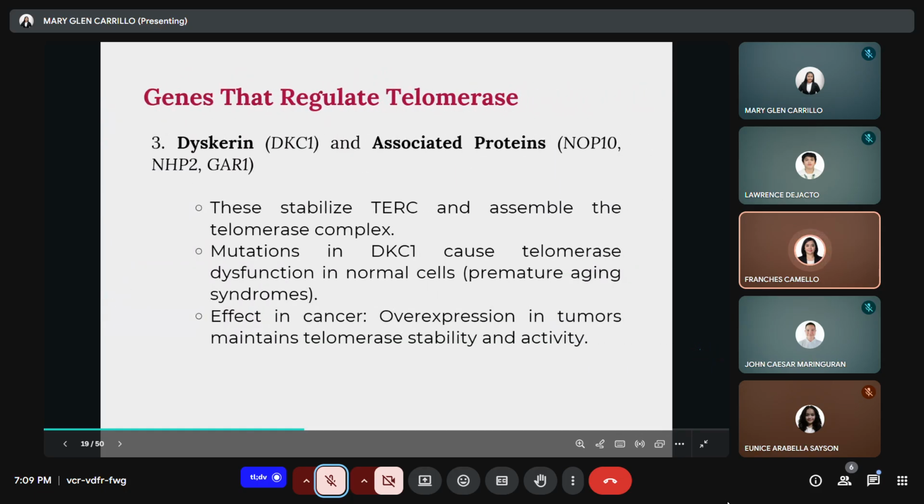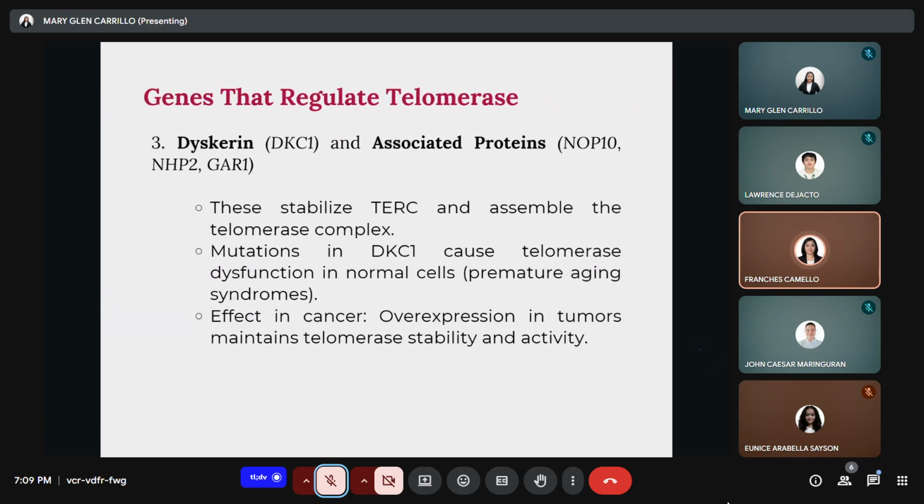For the third one, these are the regulators. We have dyskerin, DKC1, and associated proteins NOP10, NHP2, and GAR1. These stabilize TERC and assemble the telomerase complex. These proteins are like the construction crew, and they stabilize TERC, which helps assemble the complex of the telomerase.